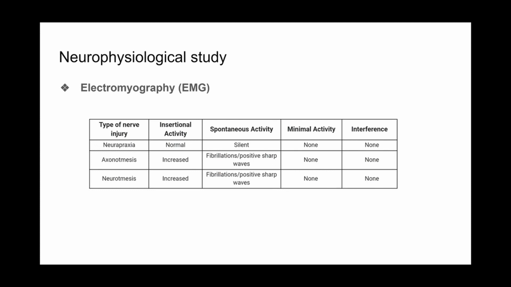Neuropraxia normally will not result in muscle fibrillation. However, after 4 weeks of nerve injury, when there is an axonotmesis or neurotmesis, we will normally be able to see muscle fibrillation in the study.